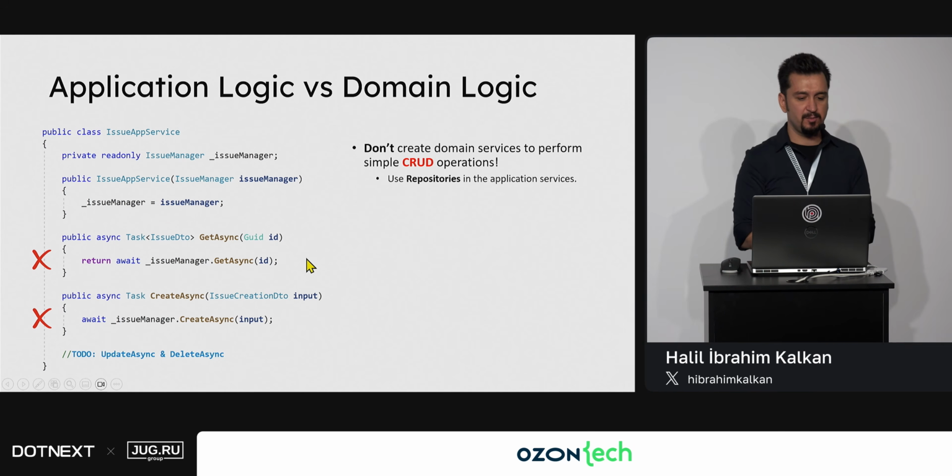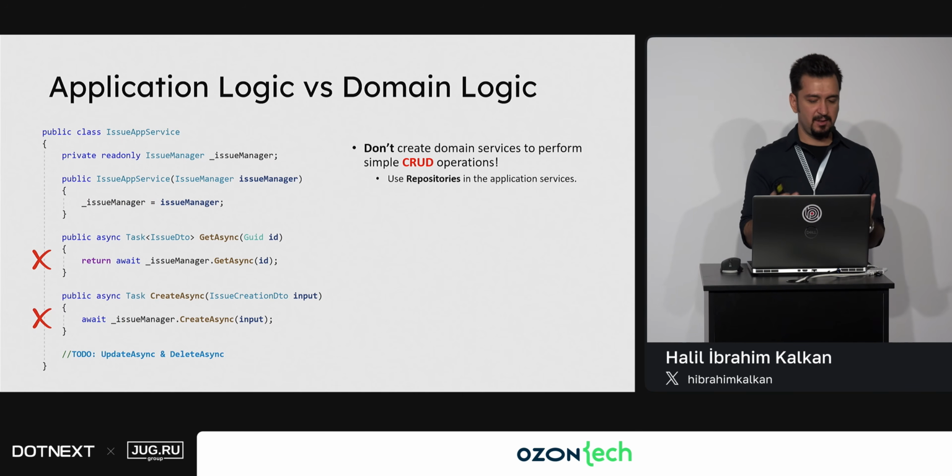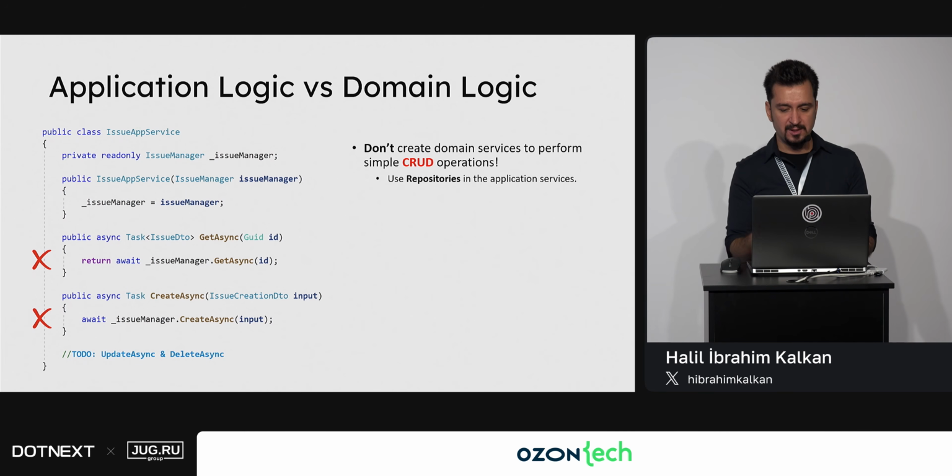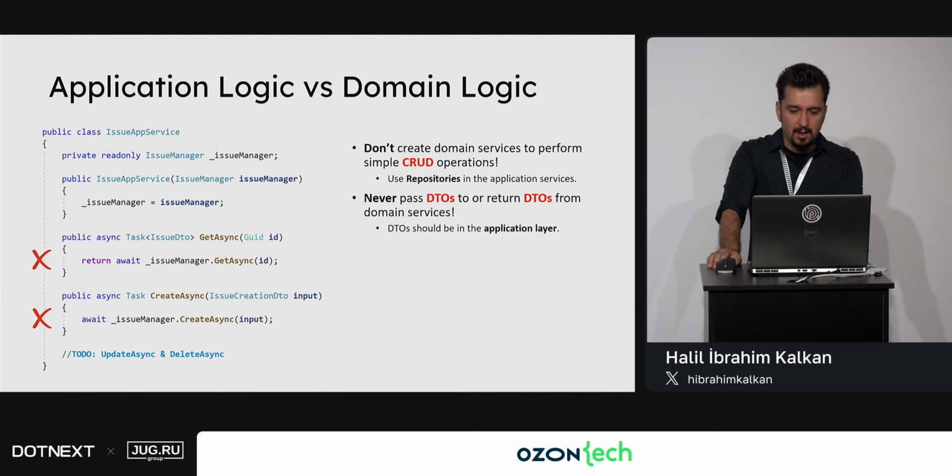This is not a good principle because the application layer has some responsibility. For example, domain services should not include CRUD methods like create and get, but should include some business logic, like assign issue.